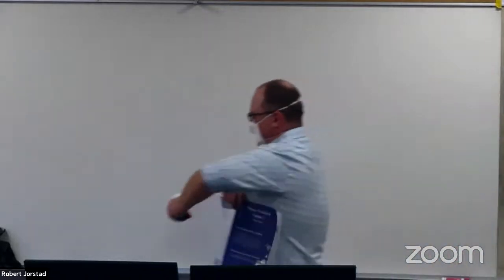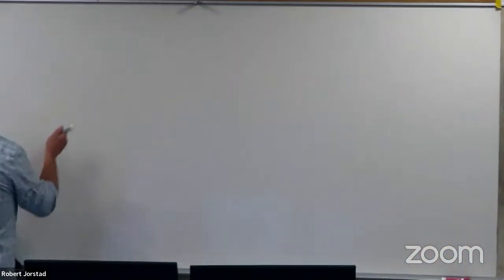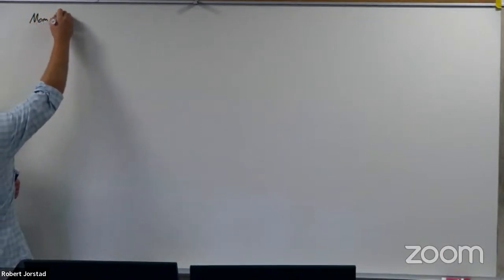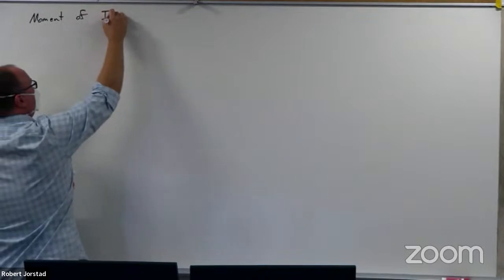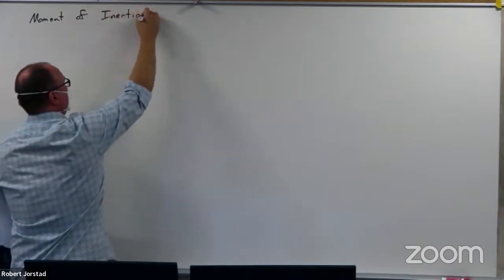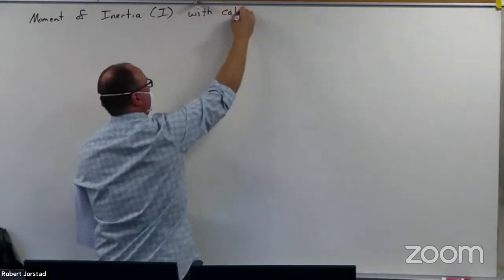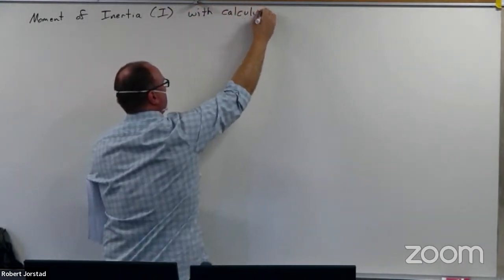So if you were wondering how these formulas are derived, that gives you an idea. In general, the classic way to get these with calculus is a little different than center of mass.